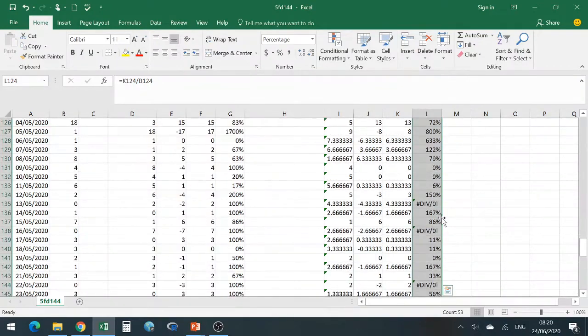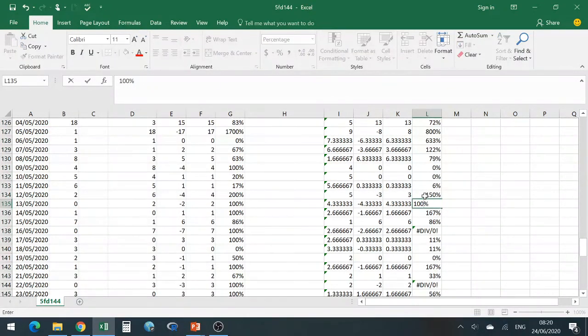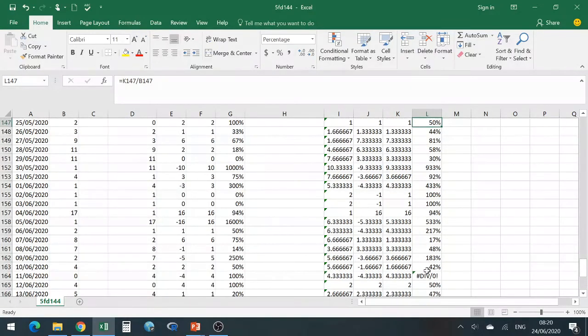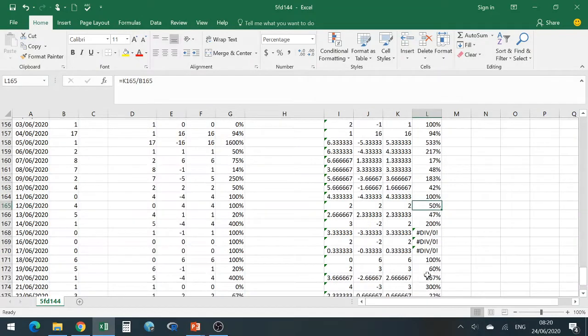There's some error, so we make it 100%. 100% is not good, but there's still some error. Just fix this.